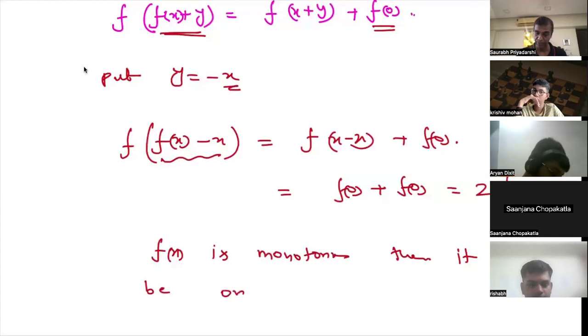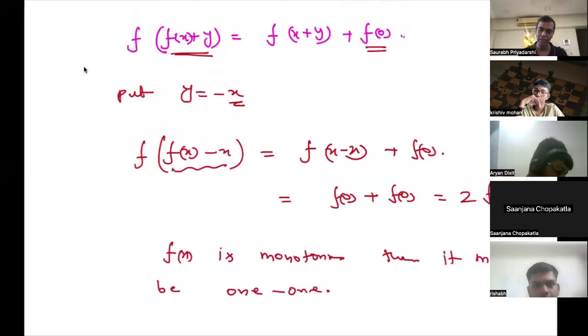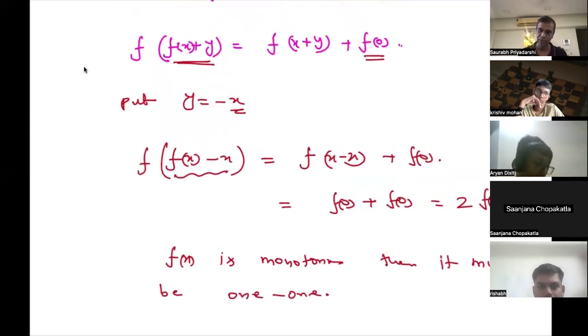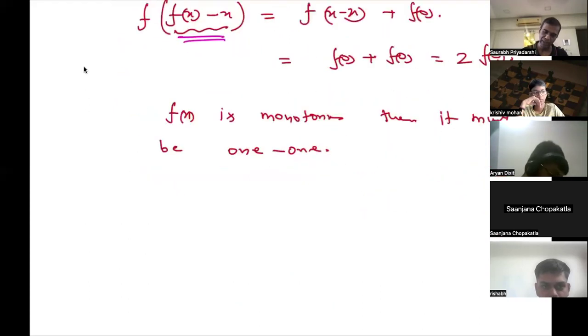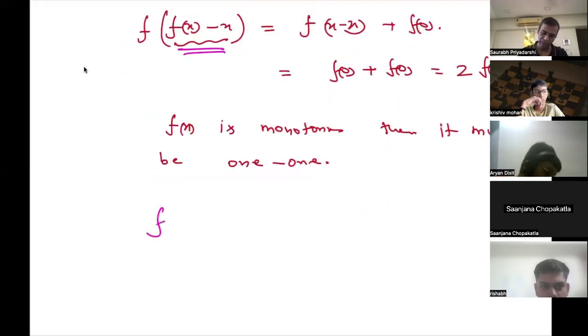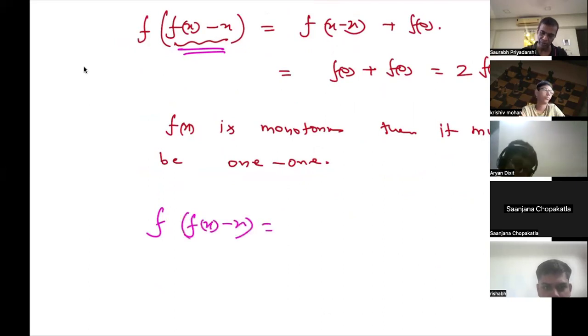Either it is increasing or decreasing. And from this information, I can say f of f(x) minus x is equal to twice f naught, and this is some constant c.